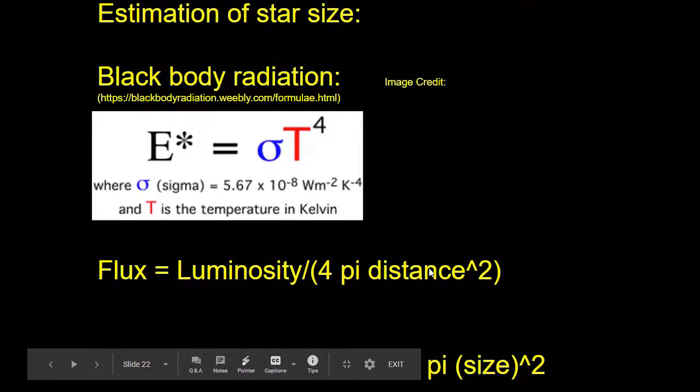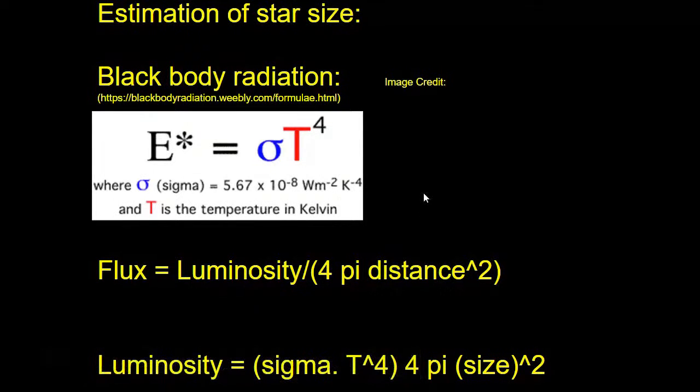Distance has also been estimated by various means. If there is a star within a few parsecs, you can use the parallax method that I mentioned to you in my first or second lecture. So distance is measured, temperature is measured, flux is measured.